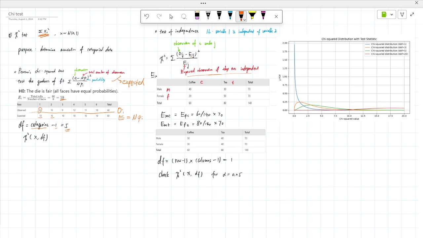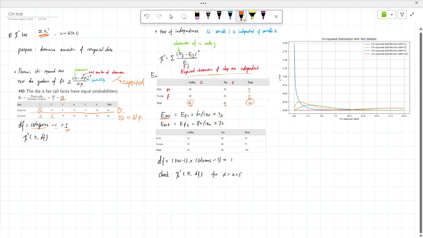So with this, we can just sum over tea or coffee for each of both genders. Then you will know that if they are independent of male or female, there will be 60 divided by 140, the probability of a person preferring coffee, multiplied by the total male or female, which are both 70.